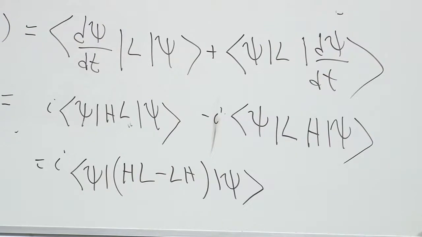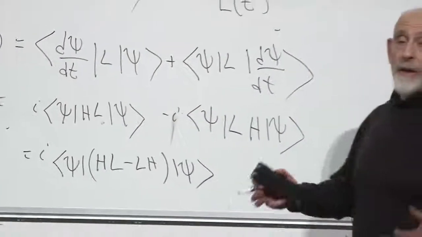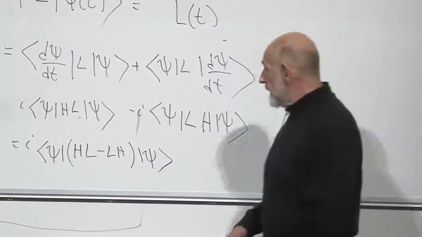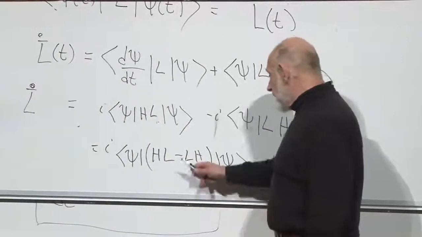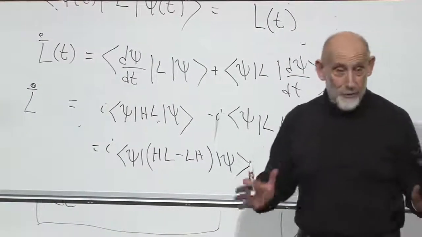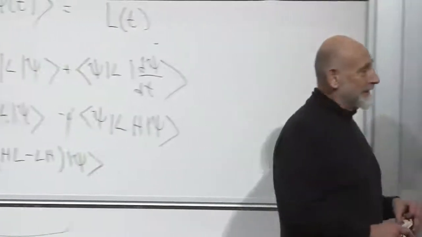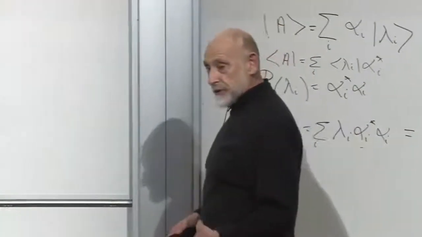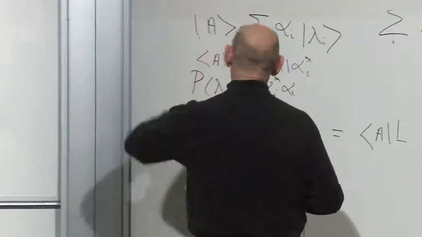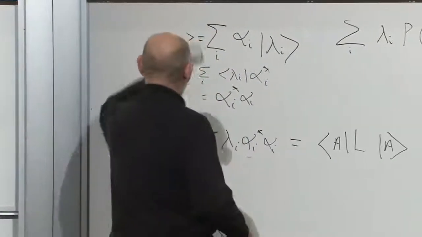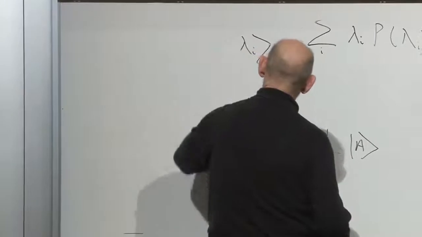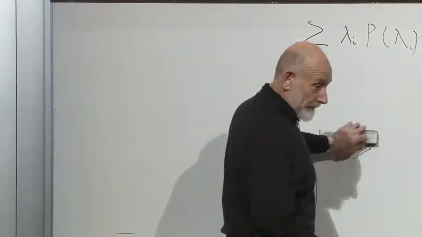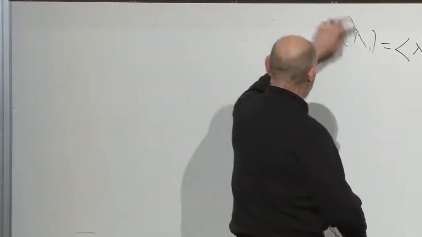Sometimes they do. And in particular, an operator commutes with itself. L times L minus L times L, that's okay. L times L minus L times L is 0, okay? So is H times H minus H times H. But in general, L times H is not equal to H times L. It may be, but typically not.